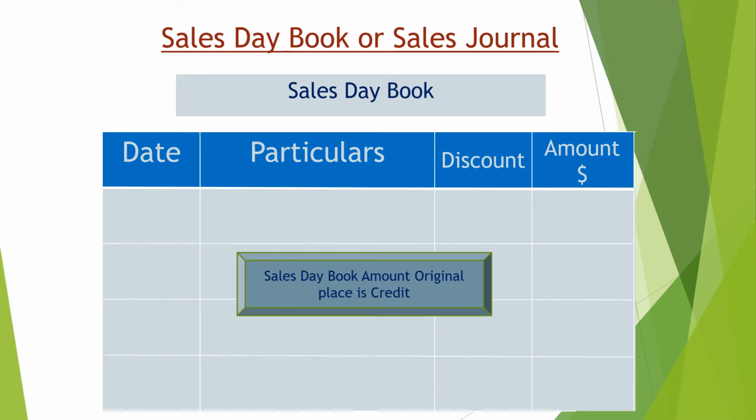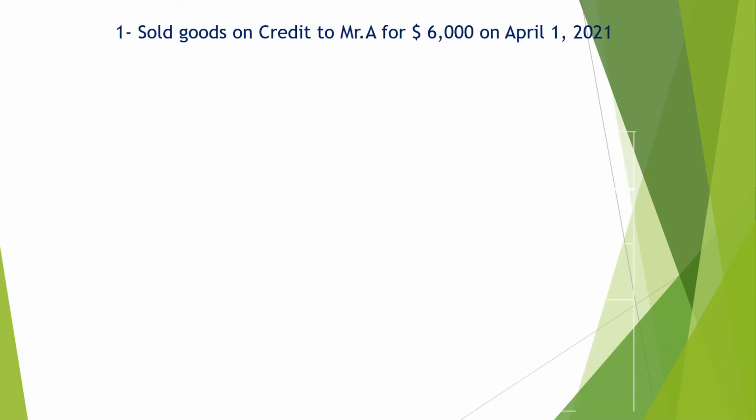Let's see a couple of transactions of credit sales and their recording in the sales daybook. Transaction number one: sold goods on credit to Mr. A for $6,000 on April 1, 2021.